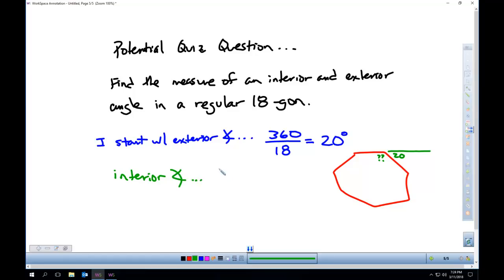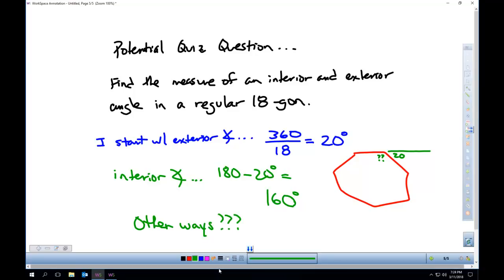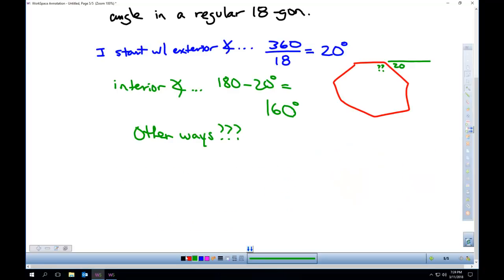I don't have to use that formula from earlier in this video. I can just do 180 minus 20, which gives me 160 degrees. That is the interior angle. I believe this is the easiest way to do this problem, but there are other ways. Pick one that you're comfortable with. That's the question you're likely to see on tomorrow's quiz for sure.